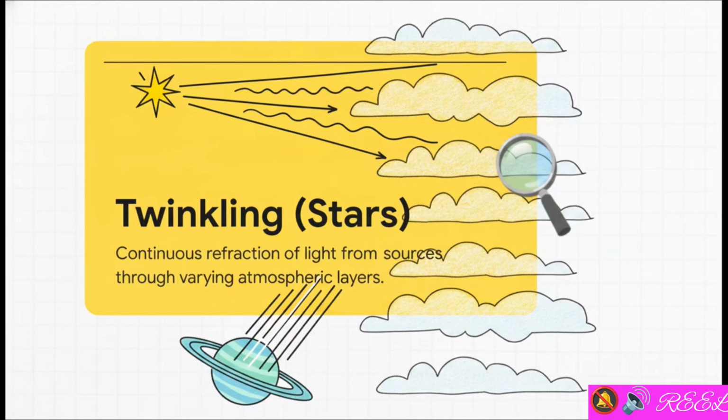That makes it look like it's shifting in brightness and position, which gives us that classic twinkle. Planets, on the other hand, being much closer, act as extended sources made of many points of light. The refraction of all those different points essentially averages out to 0, giving planets a steady, non-twinkling glow.